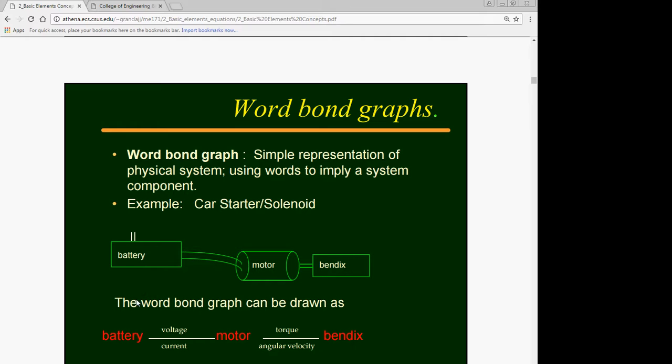Now with just words, and using those variables, we can put together a system that we are going to call a bond graph. See the battery, this is the bond between the motor and the battery and between the motor and the Bendix. These two communicate with voltage and current, and these two communicate with torque and angular velocity. All right, that's the basic concept, so we'll continue later.